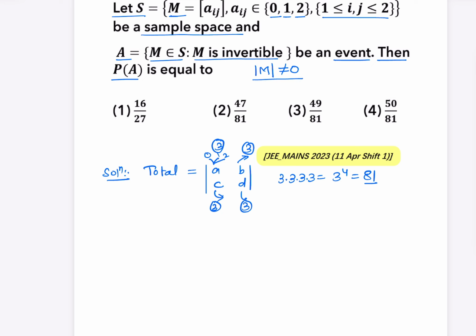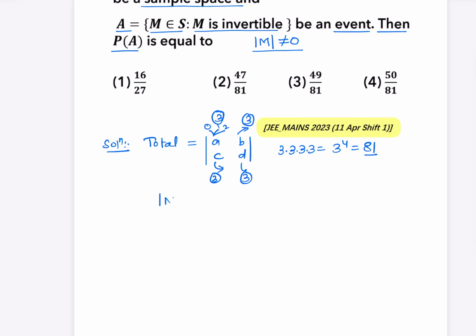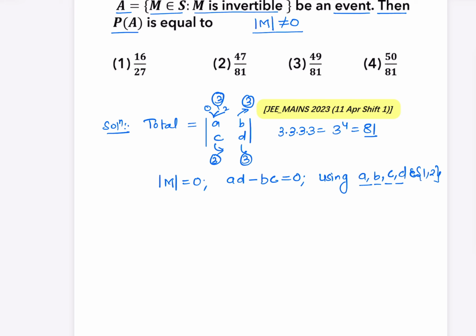If we count determinant of M equal to 0, we are getting AD minus BC equal to 0. Suppose we use values for ABCD belonging to 1 and 2 only, so we are not using 0. We first want to count such cases where ABCD can take value 1 and 2 only, so we write AD minus BC equal to 0.